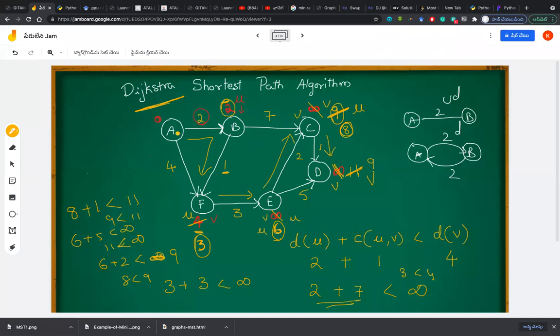You cannot travel from A to B, B to C and C to D. See how much it takes: 2 plus 7, 9, 9 plus 1, 10. Of course, that is also greater. If you come from A to B, B to F, F to E, and E to D, it occupies 11, which is greater. So it is better to come from A to B, B to F, F to E, E to C, and C to D. So this is how you can consider this.